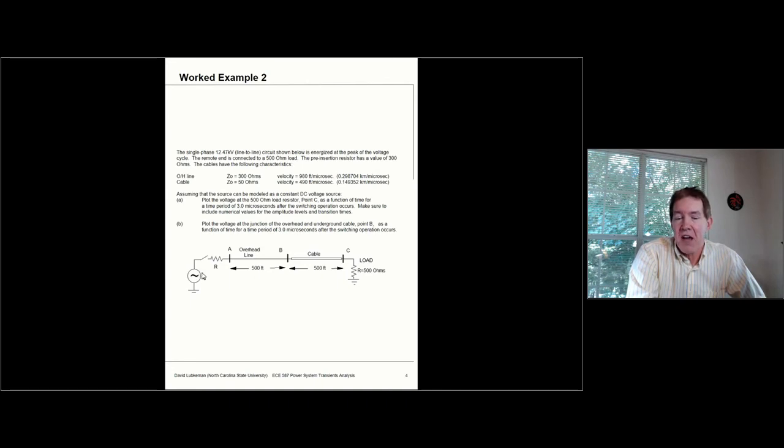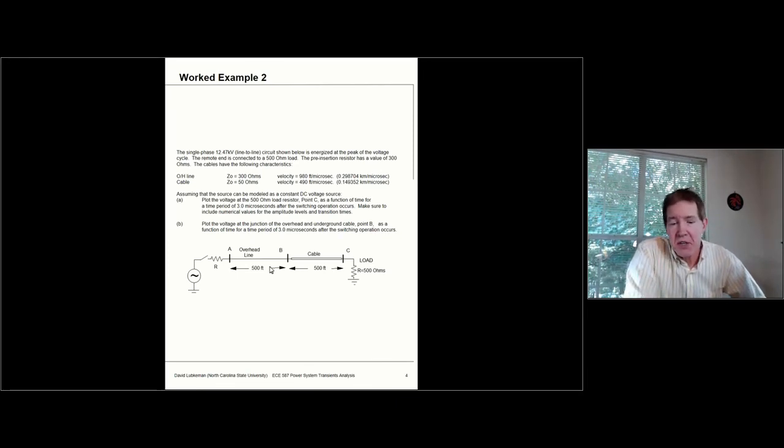Instead of having that full voltage applied to the overhead, I'm going to cut that in half. This is pretty common on overhead systems, especially on transmission, where you use these pre-insertion resistors at the very beginning to damp out or cut down on the peak values of voltage that we would be seeing in these types of circuits.